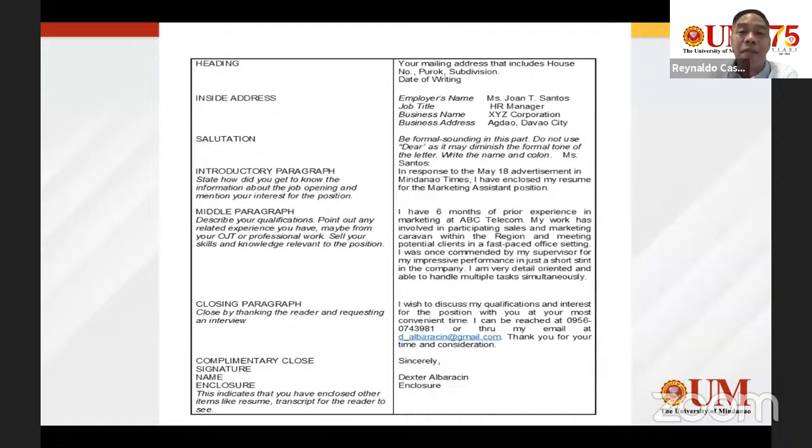So when you write your second paragraph, two things, instill that in your mind when you write your sample application letter, that you sell yourself based on, number one, your work experience. Since probably most of you don't have any professional experience, then what you can cite there is your OJT or your immersion experience. Okay? All right. So you cite your OJT experience. At least you have exposure, you have immersion.